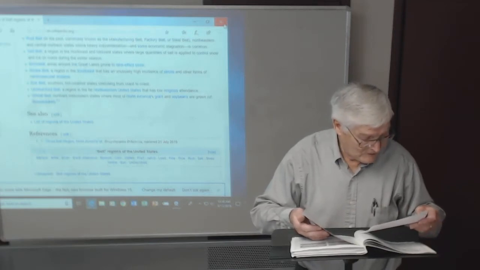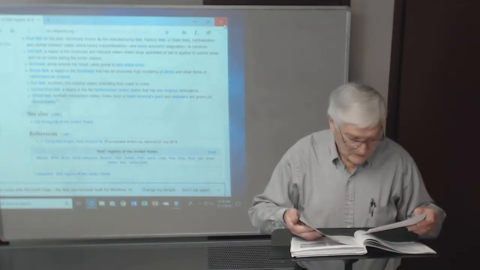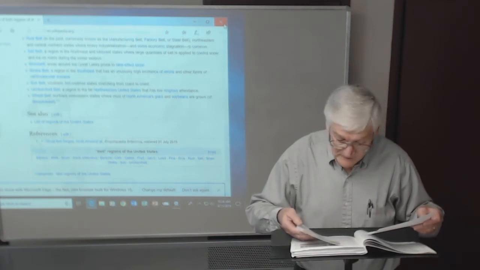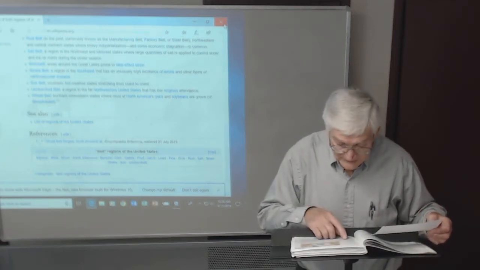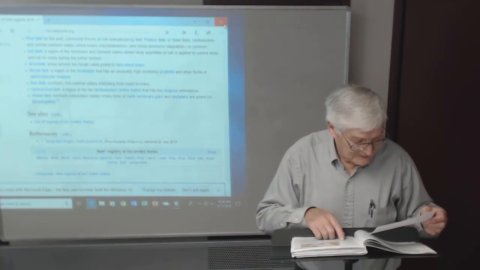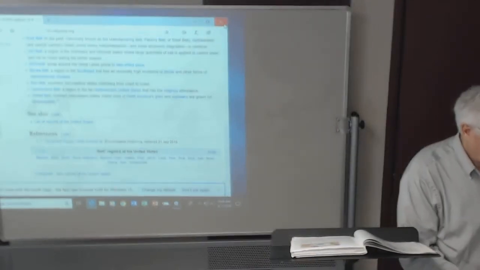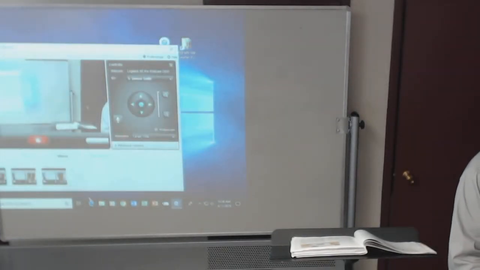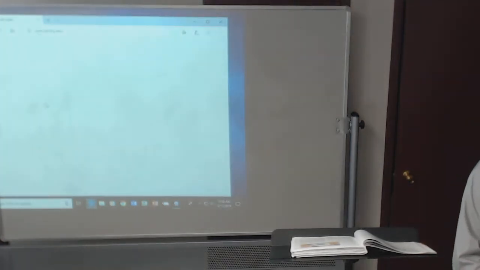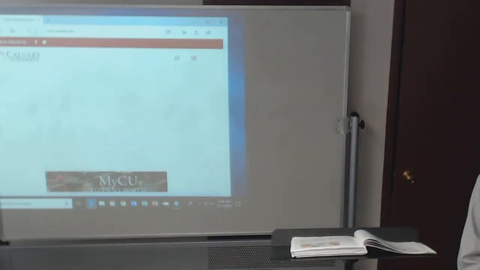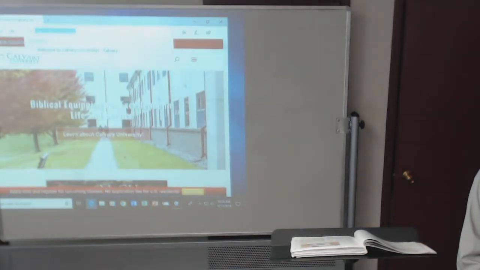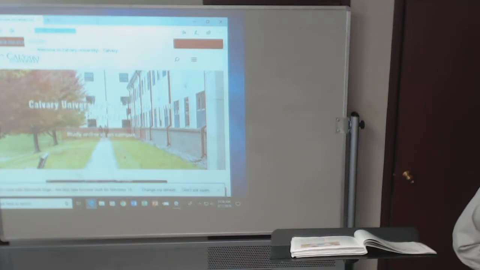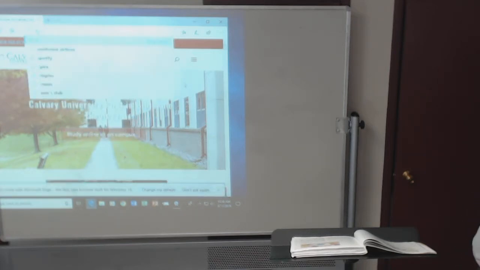On pages 11 through 15, on page 11 it talks about spatial analysis. Spatial analysis. Let's go back here and type in, what are we going to type in? Spatial patterns. I better say geographic.